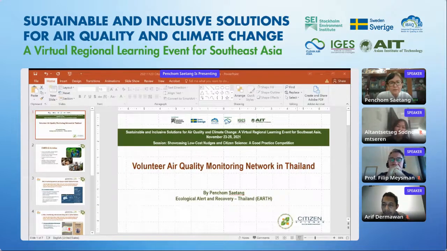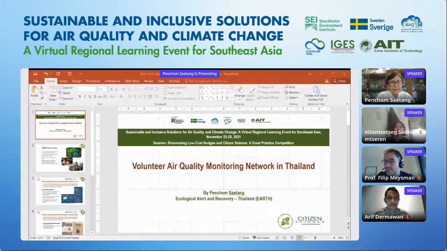The communities live neighboring recycling and waste management facilities. We also observe the increasing severity of air pollution and PM 2.5 in Thailand, particularly in industrial development areas, and there are quite serious health impacts happening to local people.